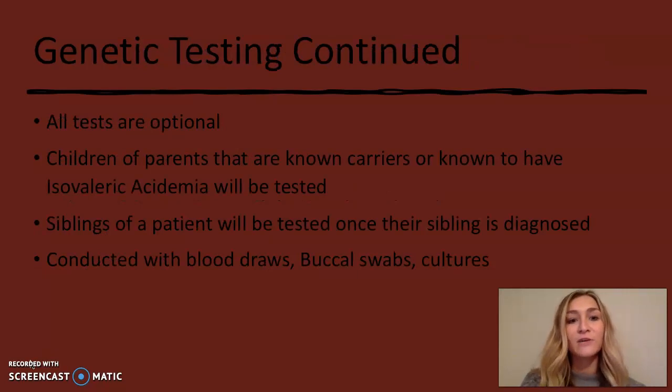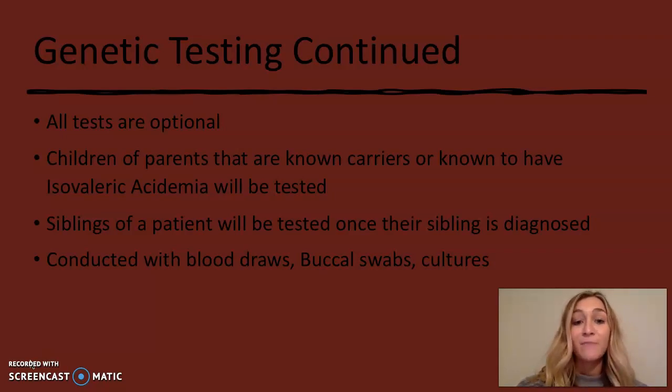Going a little more into it, all testing for isovaleric acidemia is optional. It's not required by the government, but if the child is of parents that are carriers or have the disorder, automatically the doctor, the genetic counselor, is really going to push and encourage the parents to get that child tested since they do have a higher likelihood of having it.